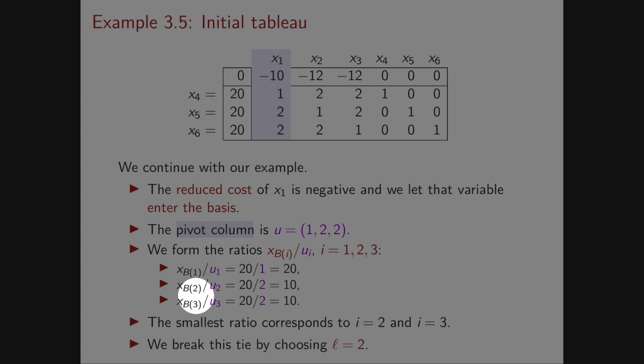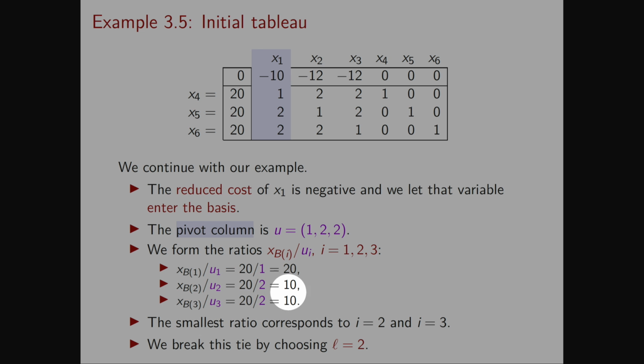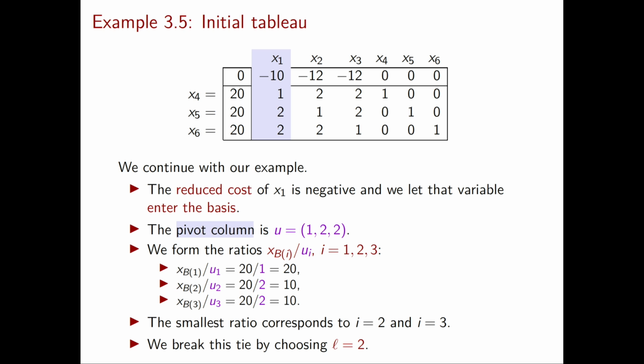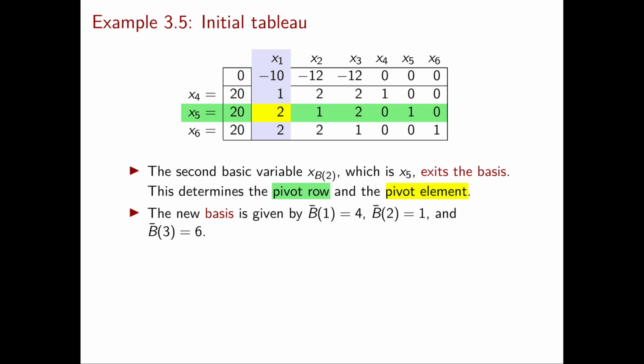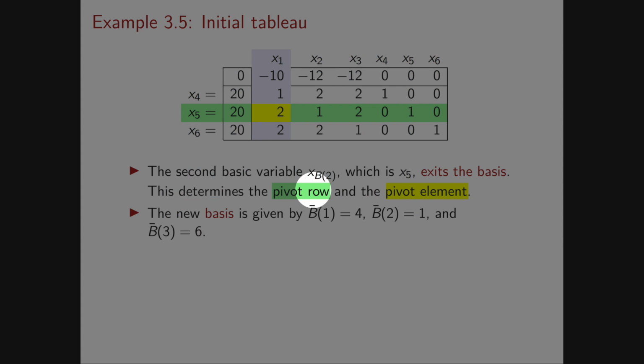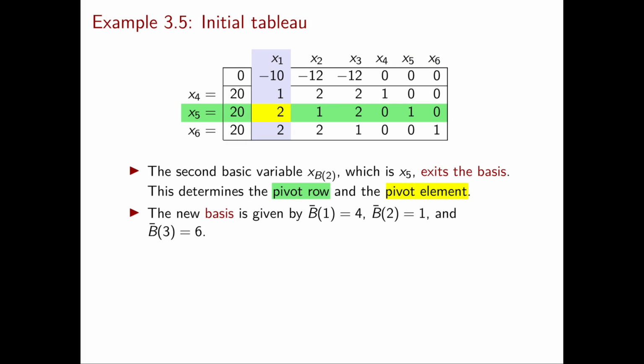So we could choose the second or third basic variable to leave the basis, because they both correspond to the smallest ratio. Once again, we have to look at our pivoting rule to break this tie. And since I am your pivoting rule, I tell you to choose l equal to 2, so the second basic variable should leave the basis. This determines the pivot row in green and accordingly the pivot element, which is at the intersection with the pivot column.